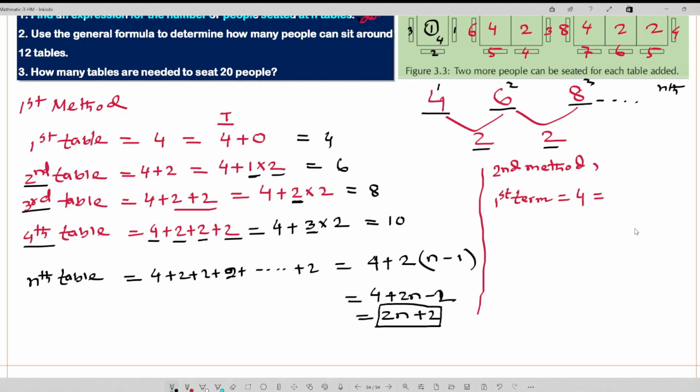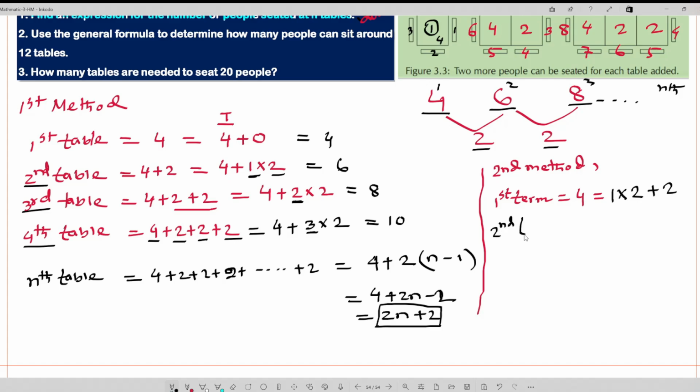So this one we can write like this: first term, 1 times difference 2. So how many points or numbers do we need to make 4? We need 2, because 1 times 2 is 2, 2 plus 2 is what? 4.